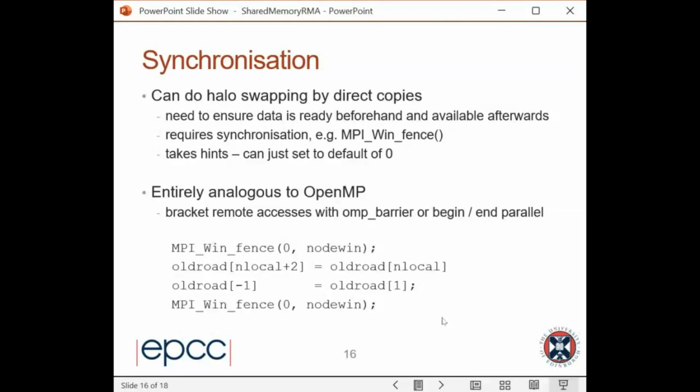It's equivalent to a barrier in OpenMP. It has exactly the same effects. Make sure that everybody is ready to do the shared memory operation. So you would encompass similar statements in OpenMP with barriers, and in MPI, you encompass with MPI win fences.